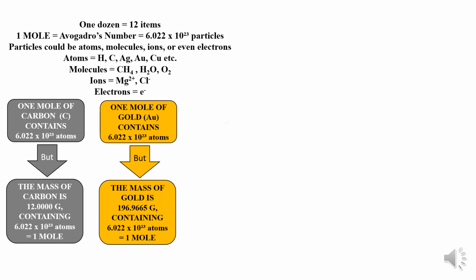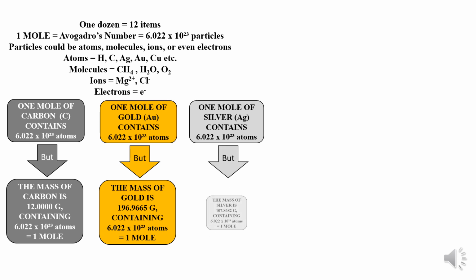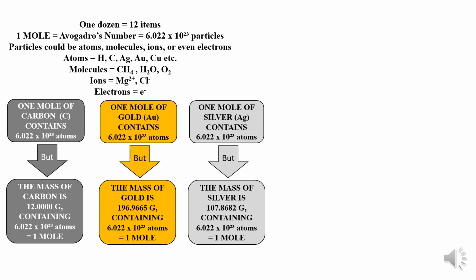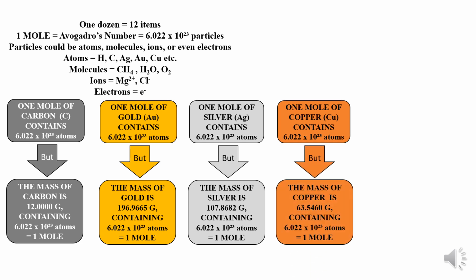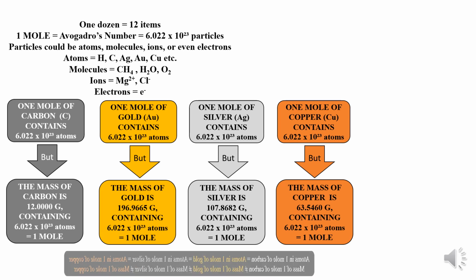That is equivalent to 1 mole. 1 mole of silver contains Avogadro number of atoms, but the mass of silver is 107.8682 grams, which is equivalent to 1 mole. 1 mole of copper contains Avogadro number of atoms, but the mass of copper is 63.5460 grams, containing Avogadro number of atoms, which is equivalent to 1 mole.